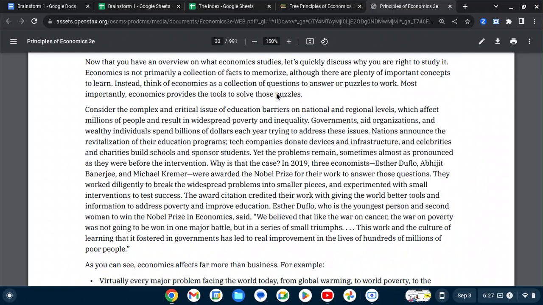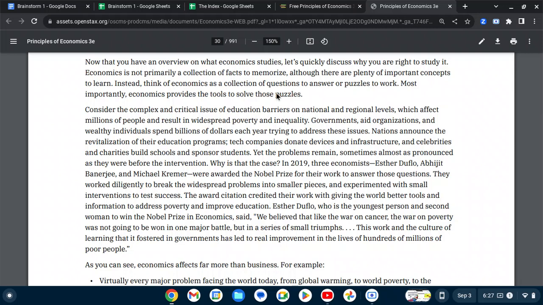In 2019, three economists, Esther Duflo, Abhijit Banerjee, and Michael Kremer, were awarded the Nobel Prize for their work to answer those questions. They worked diligently to break the widespread problems into smaller pieces and experimented with small interventions to test success. The award citation credited their work with giving the world better tools and information to address poverty and improve education.